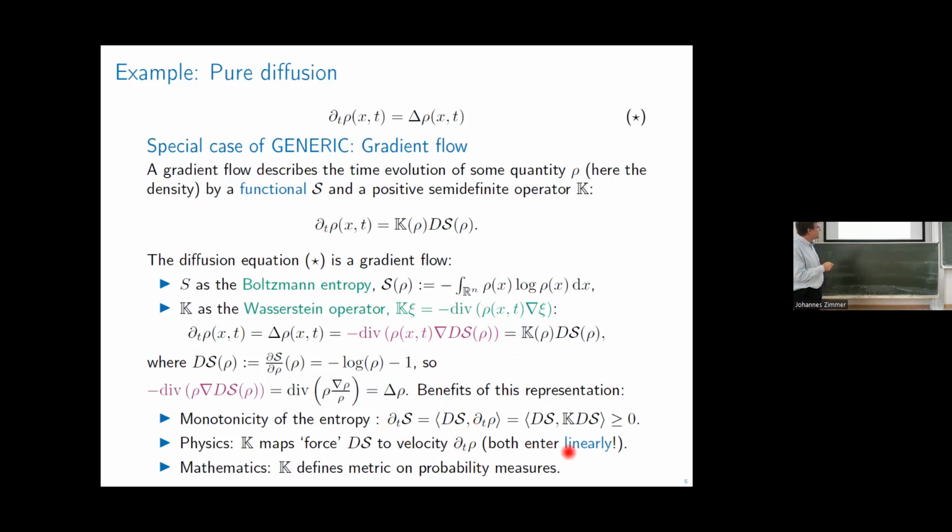But one benefit is also, it looks more complicated since it's a nonlinear operator while diffusion is linear. But really what generic is doing is it takes the force, dS, the derivative of the entropy, linearly. And it gives me a velocity, which also appears linearly. So these are two equations, where dS appears linearly and the velocity appears linearly.